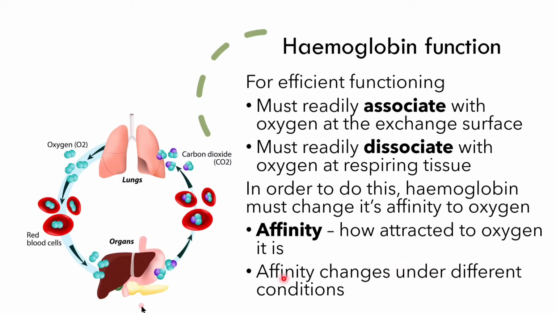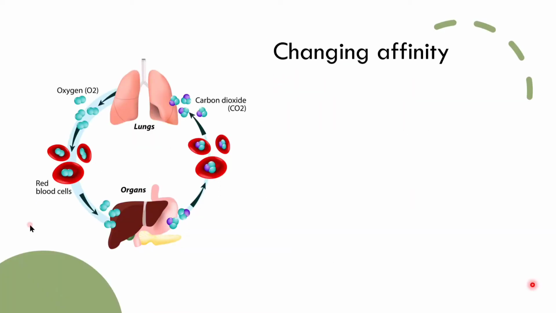This affinity to oxygen changes under different conditions. Because the conditions are different in the lungs than in our respiring tissues, the affinity can change. And that allows for this effective functioning. So how does haemoglobin change affinity, and why does it change affinity?